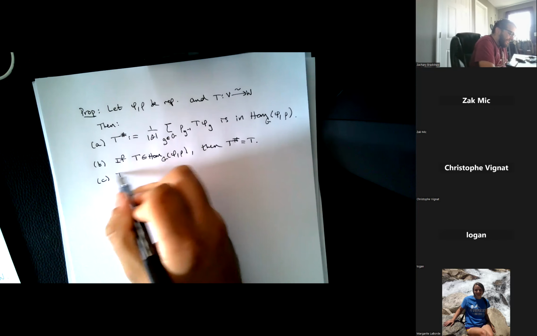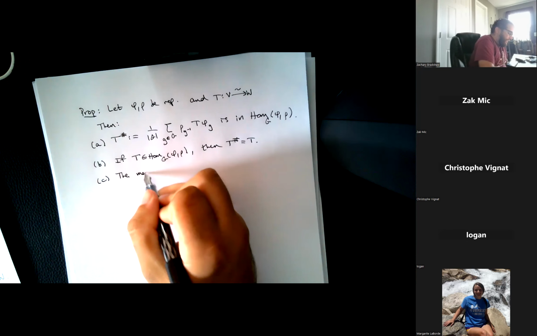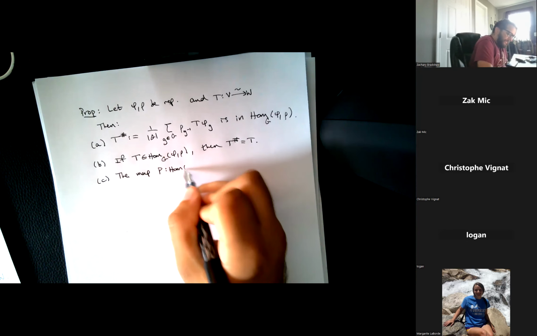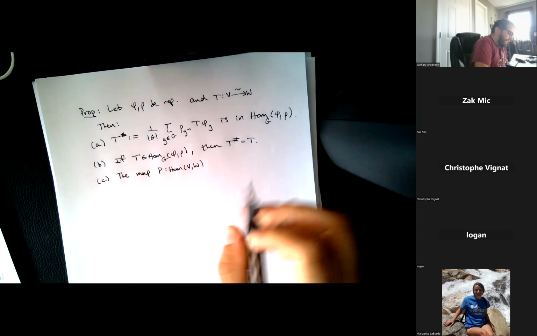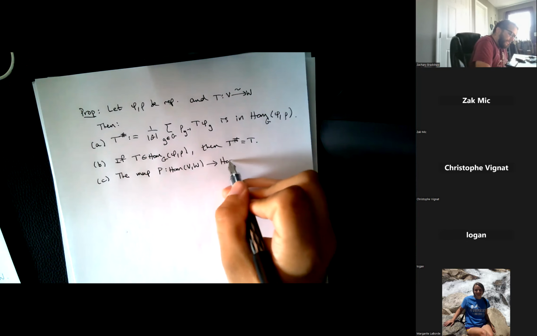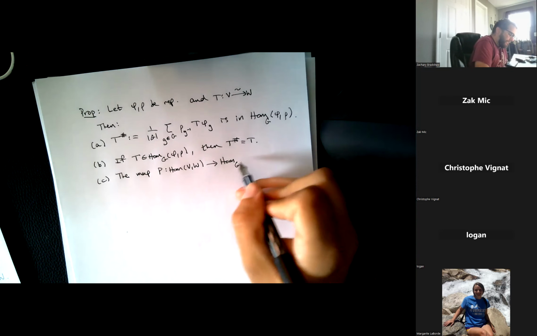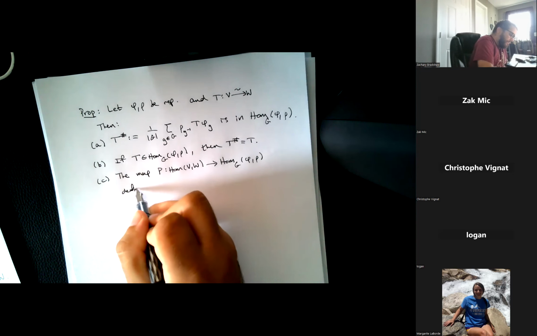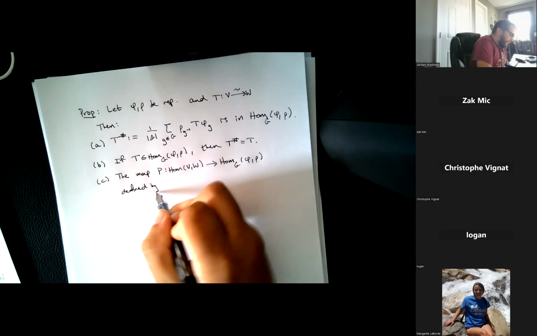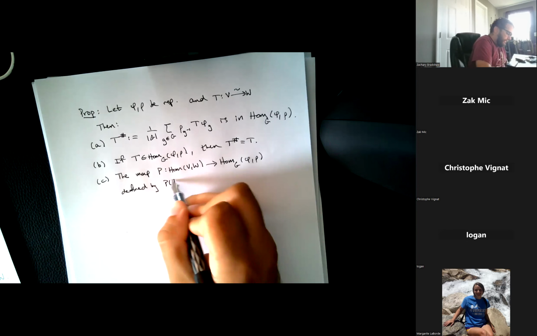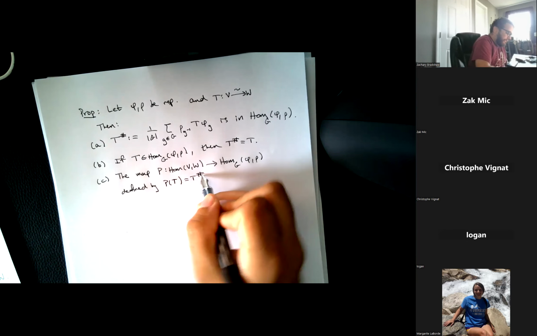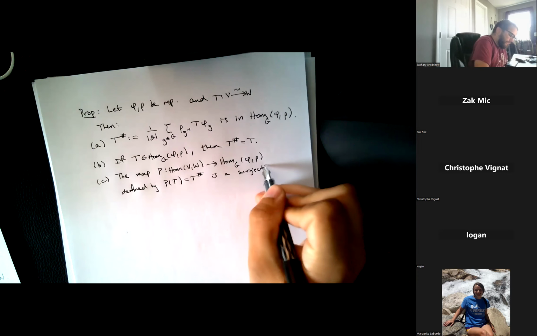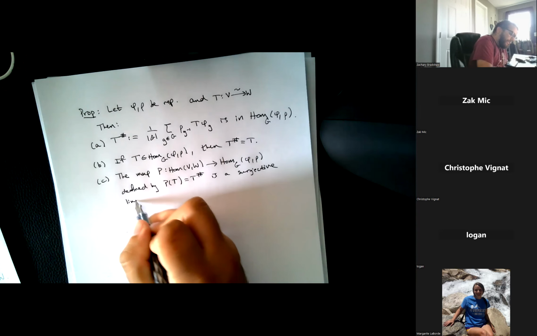So the map P from Hom(V,W) to Hom_G(phi, rho) defined by P of T equals T sharp is a surjective linear map.